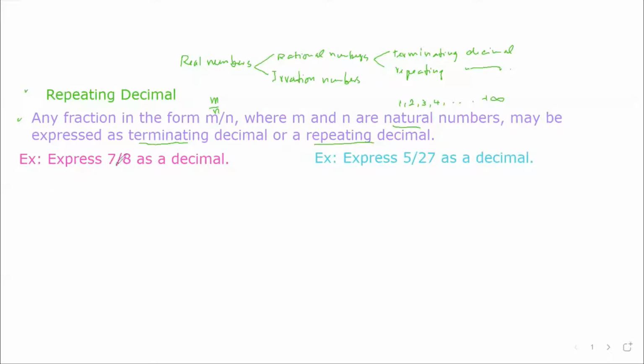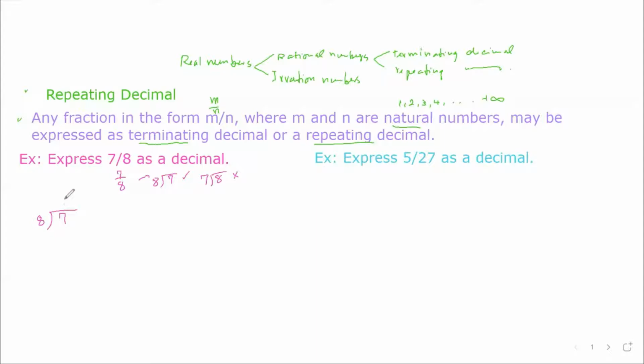If we have 7/8, we can write down 7 over 8. So if we do long division, it is 7 divided by 8, the first one, right? 7 couldn't be divided by 8, too small.